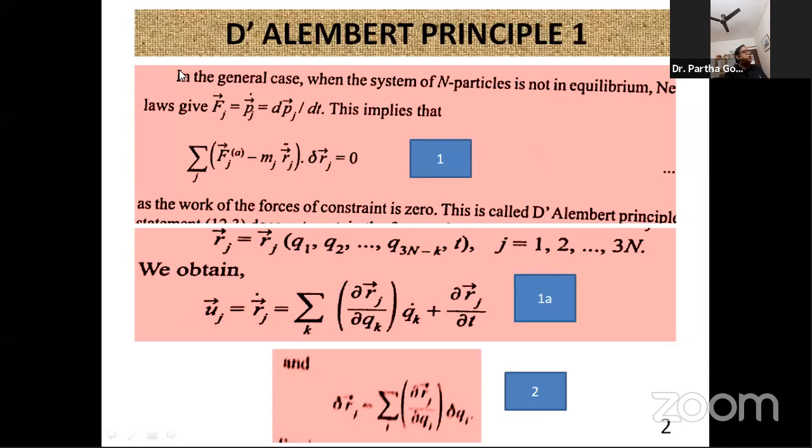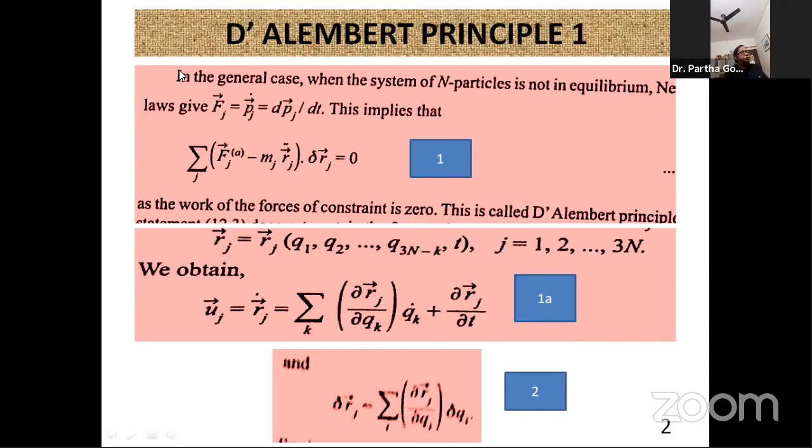So that becomes the one constraint equation. In a situation where there is no constraint, there are three coordinates required to specify the location of a particle.